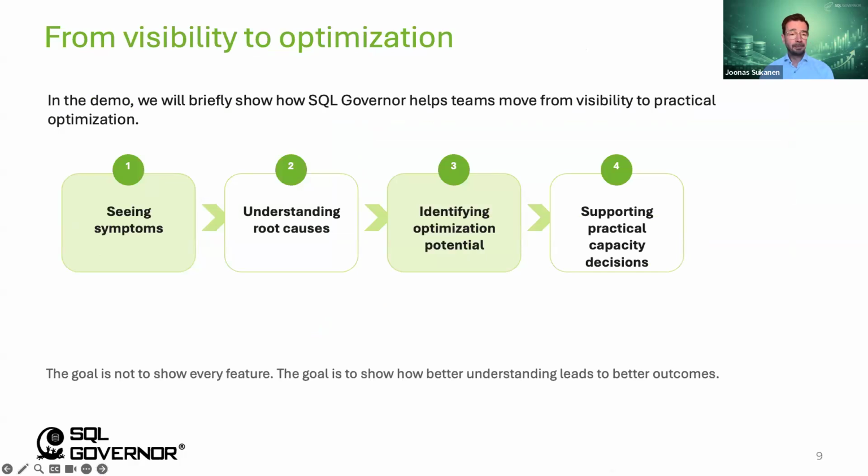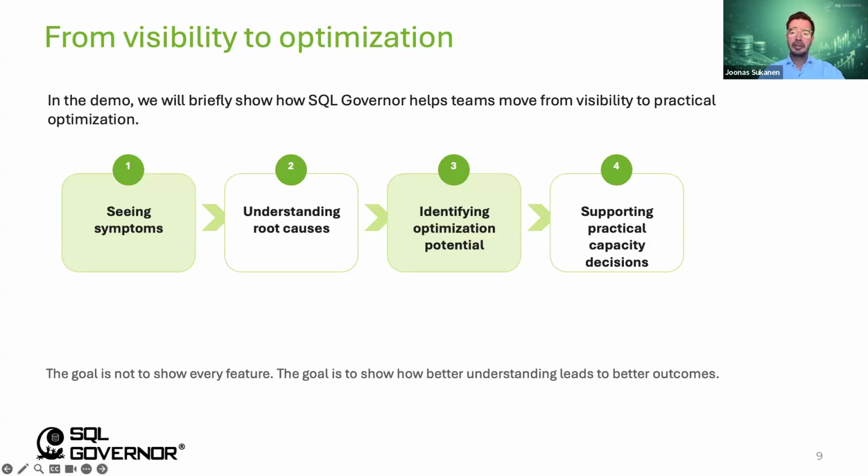So at this point, let's make the discussion more concrete. In the demo, we will not try to show every feature or go deep into every technical detail. As you heard, there are plenty. Instead, the aim is to show the logic of how SQL Governor helps teams move from simply seeing symptoms to understanding root causes, identifying optimization potential, and supporting practical capacity decisions.